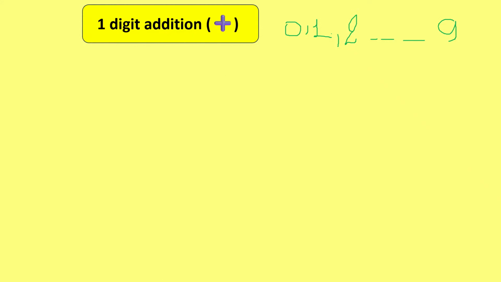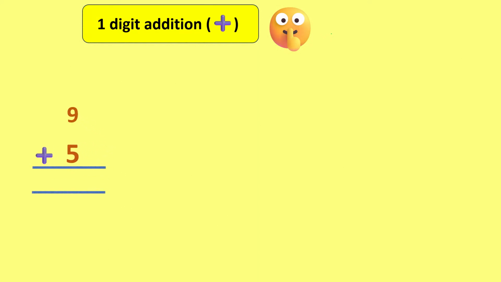How do we add with one digit numbers like that? It's a secret. Don't tell anyone, but we already have practice with one digit addition. So look here, it's a one digit number. What I told you is that it's a number between 0 and 9.